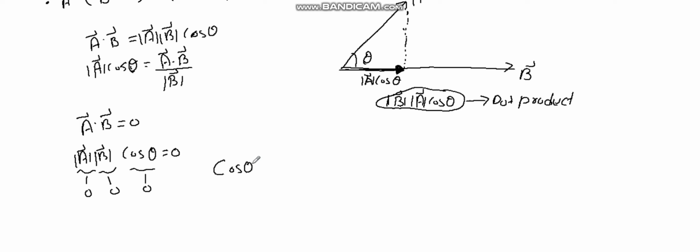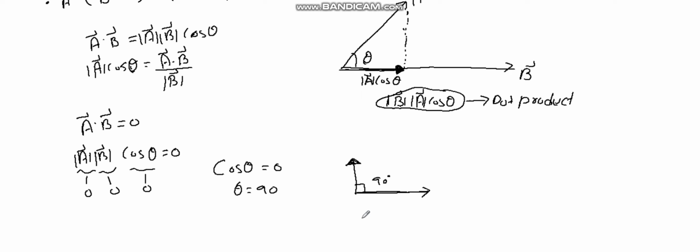Cos theta will be 0 if theta is 90 degrees. That means if two vectors are perpendicular to each other, their dot product will be 0. Physically, that means this vector is not showing any projection over the other vector, and that is why the dot product will be 0.